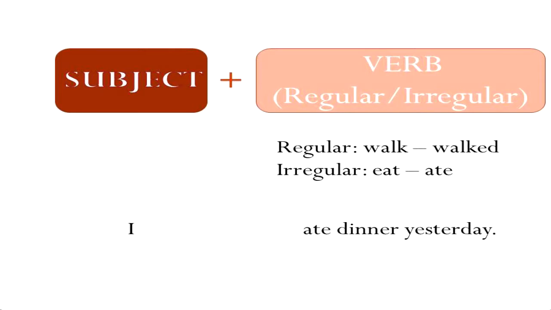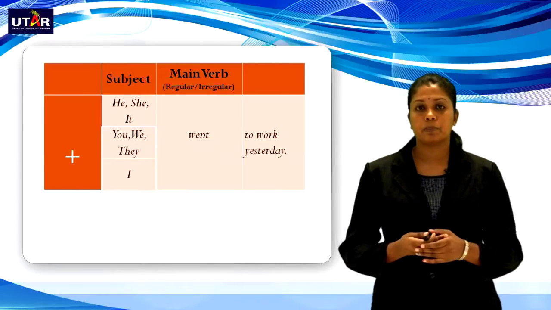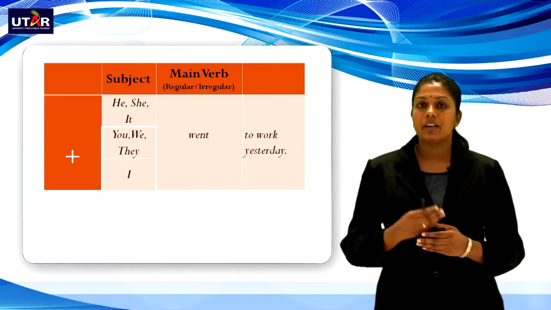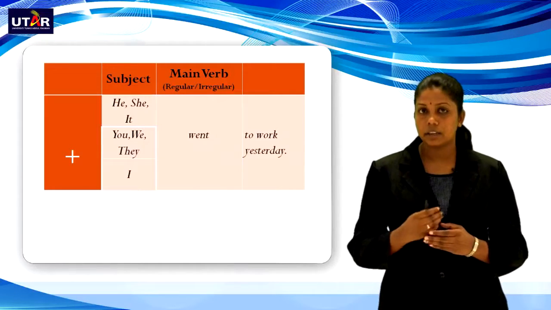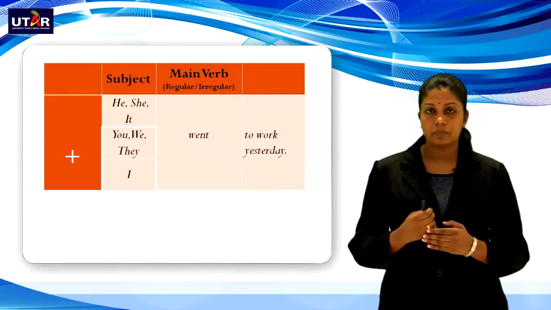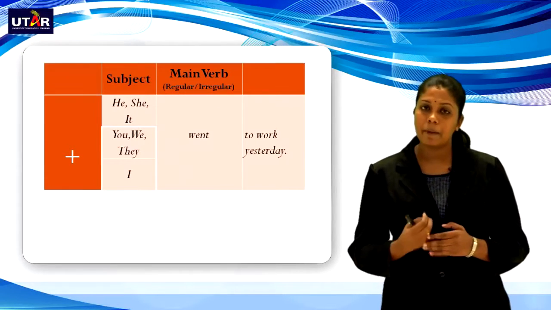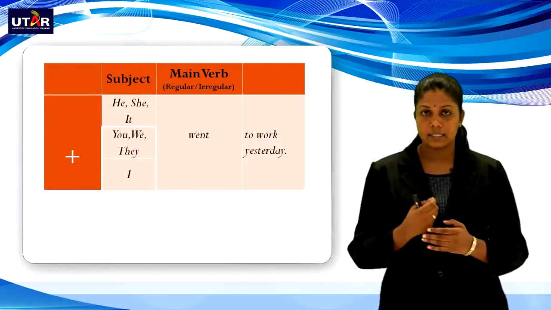So let's look at the example. I ate dinner yesterday. So I is the subject, ate is the past form of eat, and this sentence is in past tense. Now let's look at the other subjects. We have he, she, it, singular subjects, and then we have plural subjects, you, we, they, and we have I. For all the subjects, we use the past form of the verb, went.